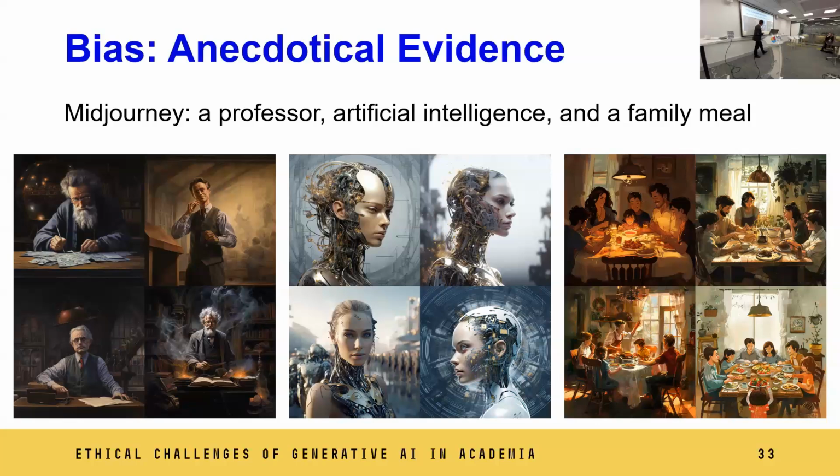If you ask it to draw a family meal, you get a Thanksgiving meal, and even though there is some diversity, with some dark-skinned people, apparently from the Middle East, they are eating Thanksgiving turkey. So the cultural biases are there, which is quite understandable.